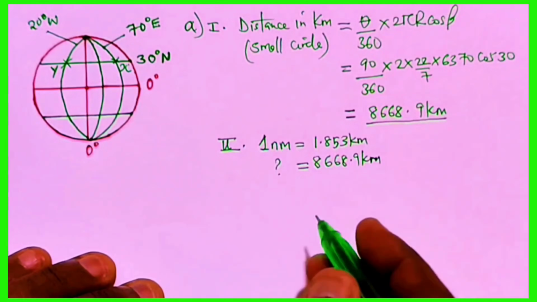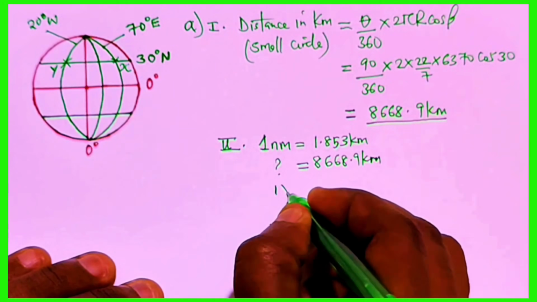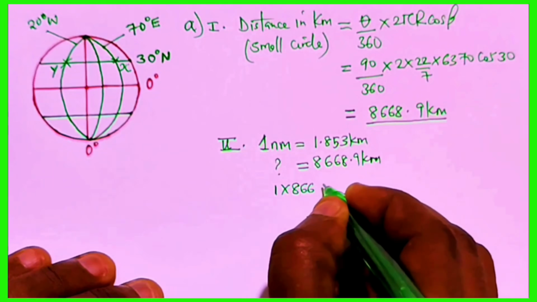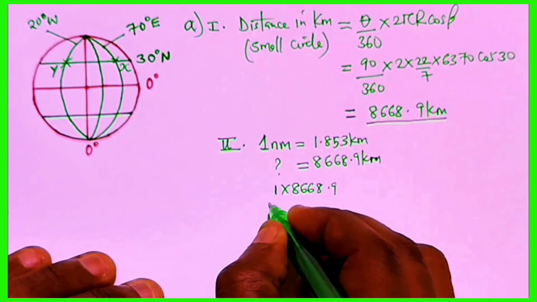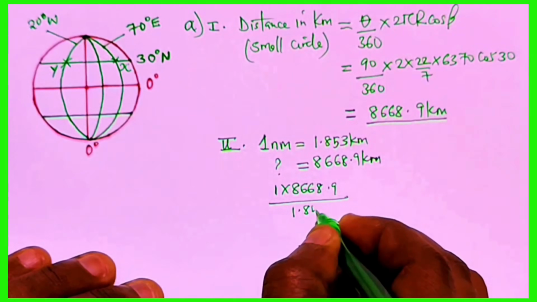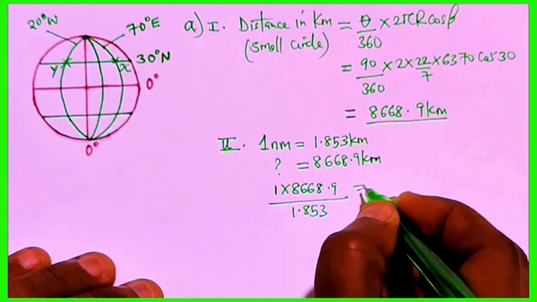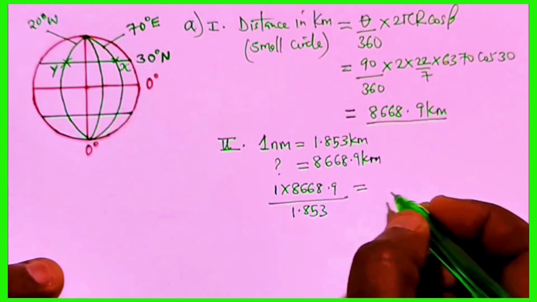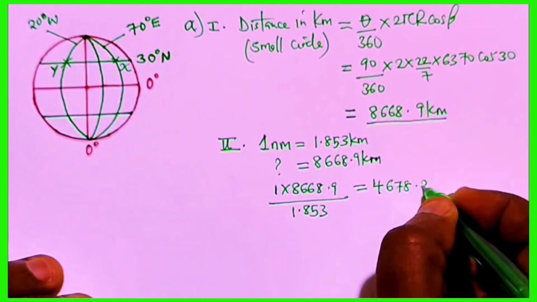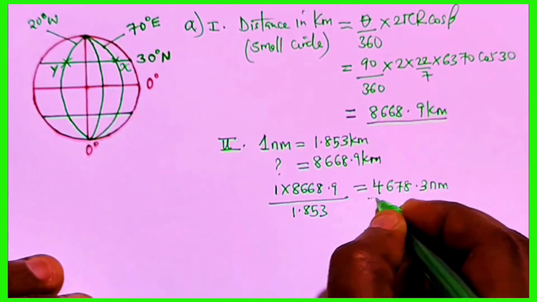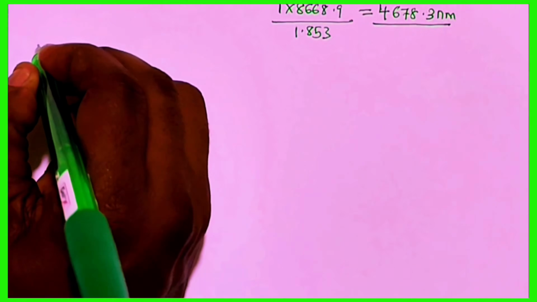And therefore by cross multiplication, you're going to have 1 to multiply 8,668.9, and then we divide by 1.853, and this will lead us to getting 4,678.3 nautical miles.